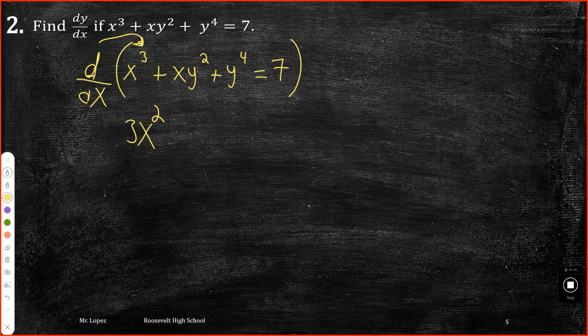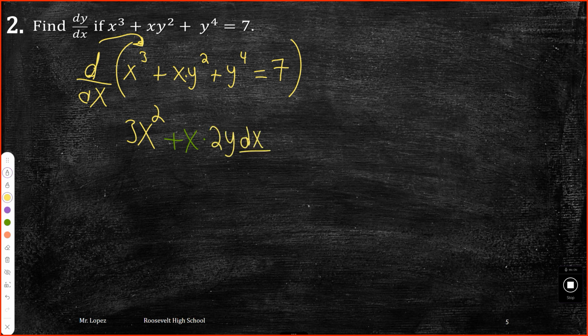All right. So now, are we gonna do the product rule here? Yes, we are gonna do the product rule. What's the product rule? How does it go? The first times the derivative of the second. So what is the derivative of the second? 2y what?